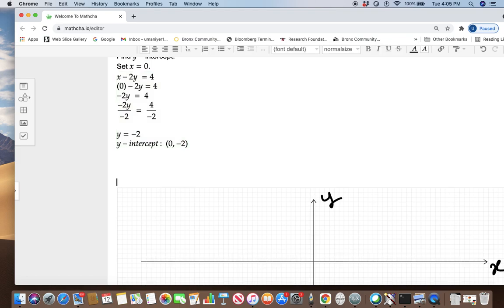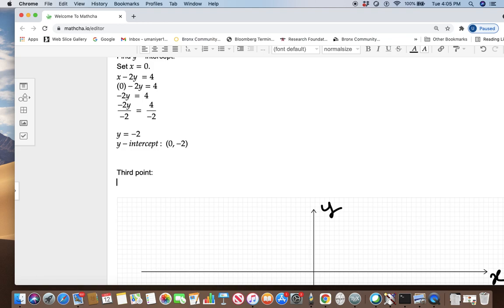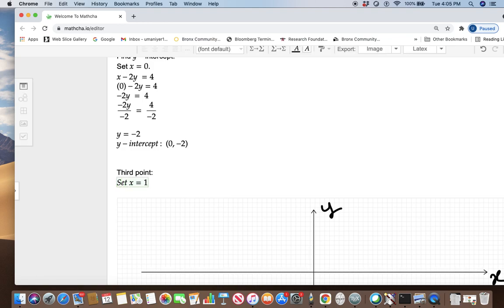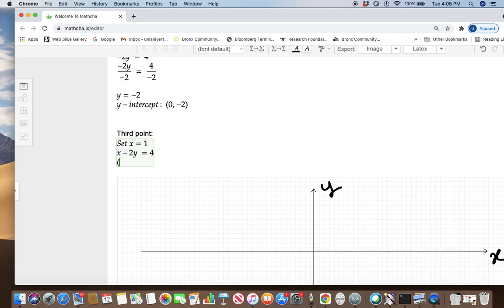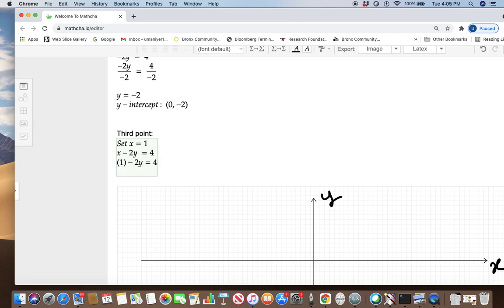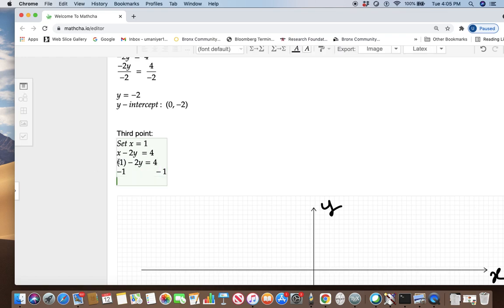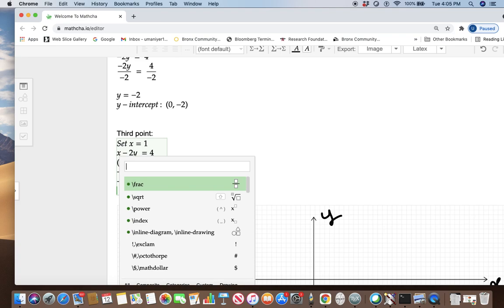So now a third point. Set x equals anything, right? In your equation. So x is 1, minus 2y equals 4. Well, subtract 1 from both sides. 1 minus 1 cancel. I'm left with negative 2y equals 4 minus 1, which is 3.